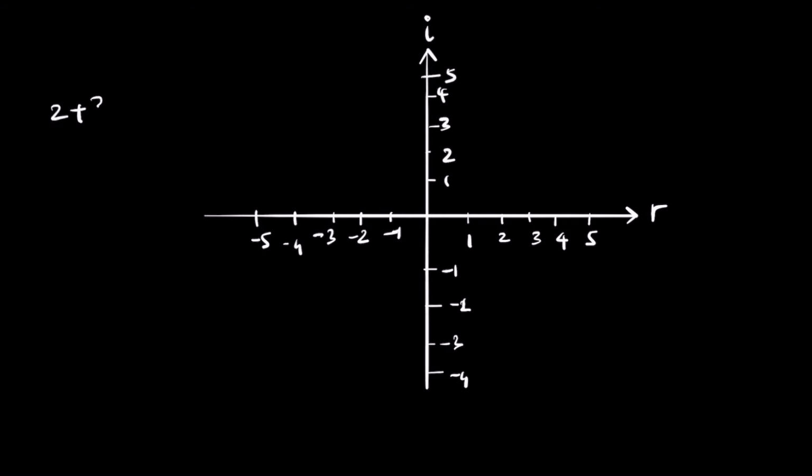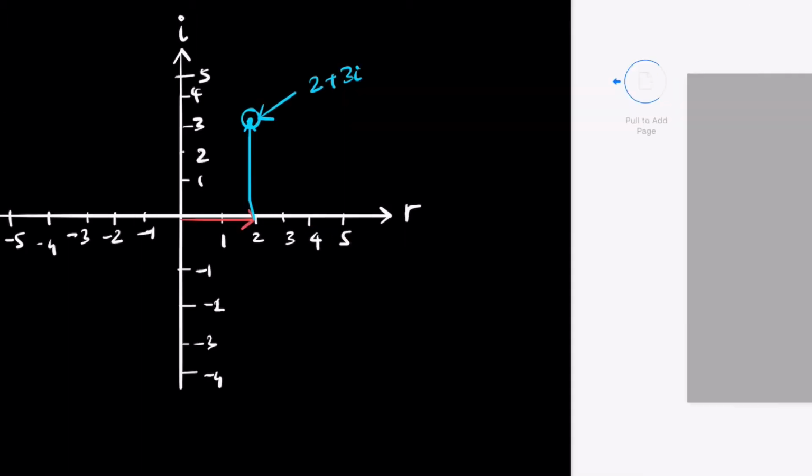Let's say I want to write the number 2 plus 3i. Then we go 2 along the real axis and we go 3 along the i axis. So this point represents the number 2 plus 3i. This is an example of how you can visualize complex numbers by plotting them as points. So this is the idea behind complex numbers.